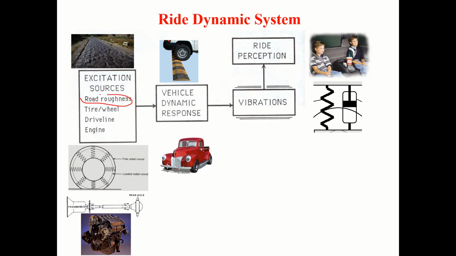The road roughness, the tire and wheel, from there a lot of excitation comes. From the driveline, a lot of excitations come, also from the engine. This is the input we give, and you have the vehicle model.